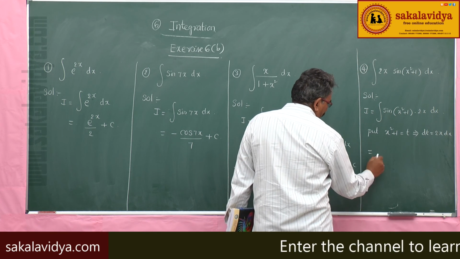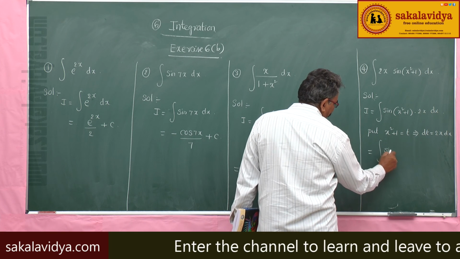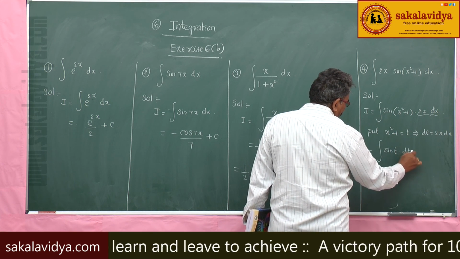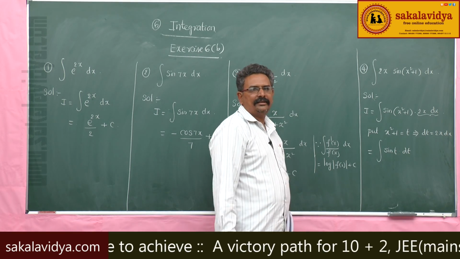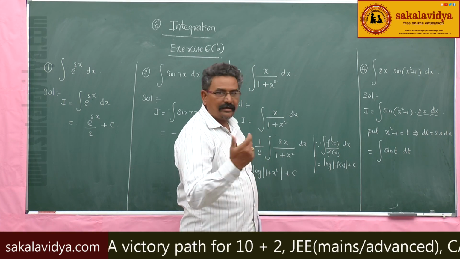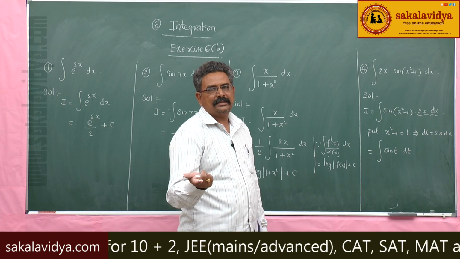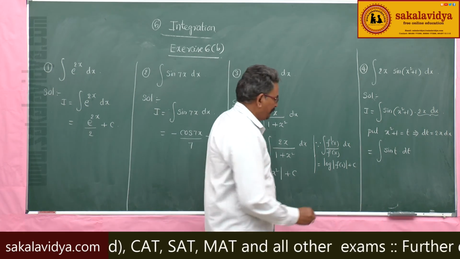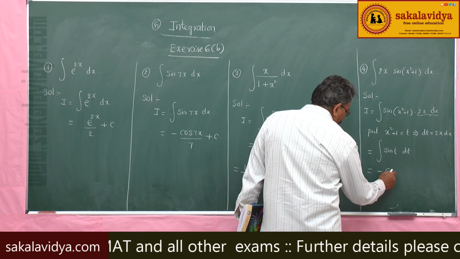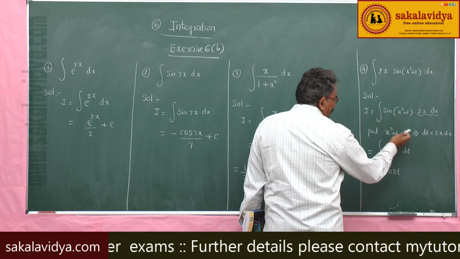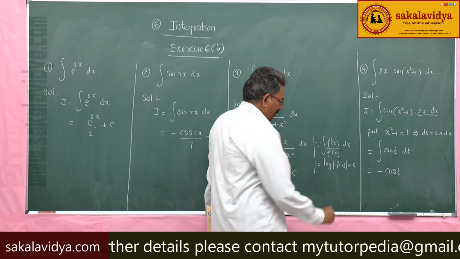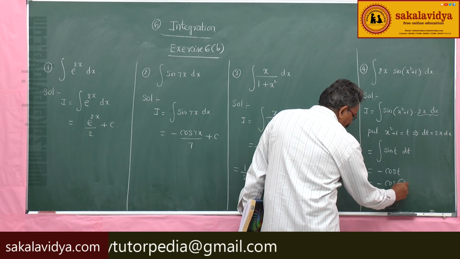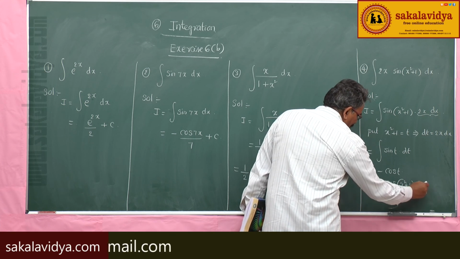Now this becomes the integral of sin t dt. This is a direct standard function. The integral of sin x dx is minus cos x, so the integral of sin t dt is minus cos t. But t is nothing but x square plus 1. So this is equal to minus cos of x square plus 1 plus constant of integration.